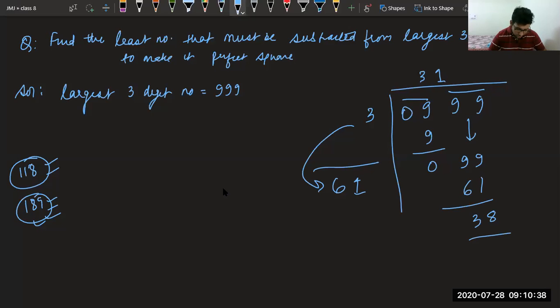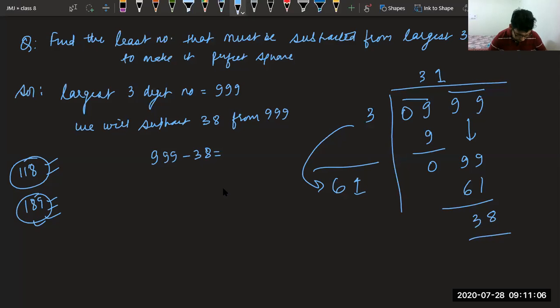So I guess all of you have done wrong. Let us check again. We will subtract 38 from 999, which will give us, very good, Abhinav, 961.